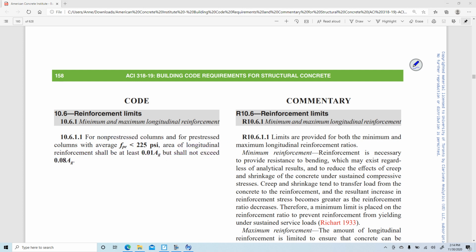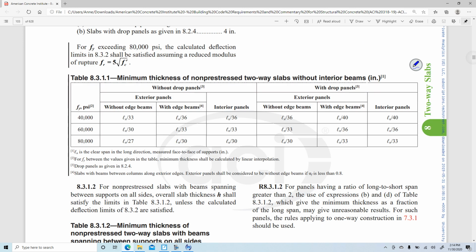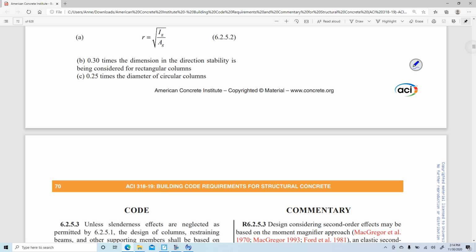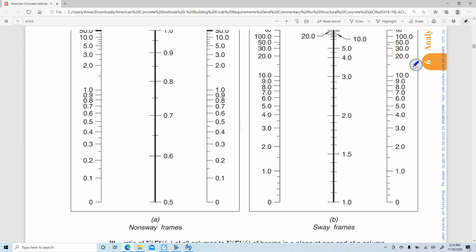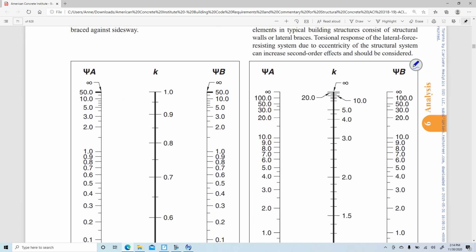It's in section 6.2.5, page 68. Oh, look, there are alignment charts.